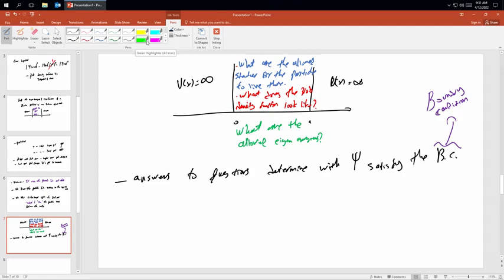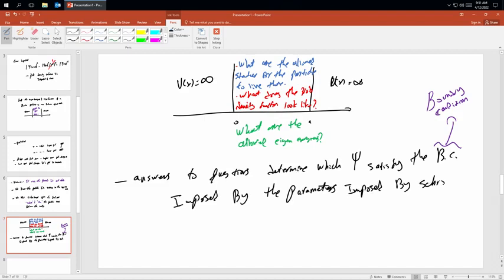So answers to questions determine which psi satisfy the boundary condition imposed by the parameters imposed by Schrodinger.